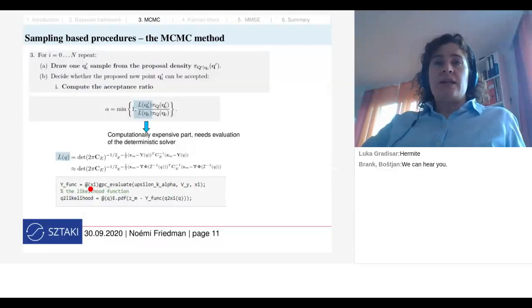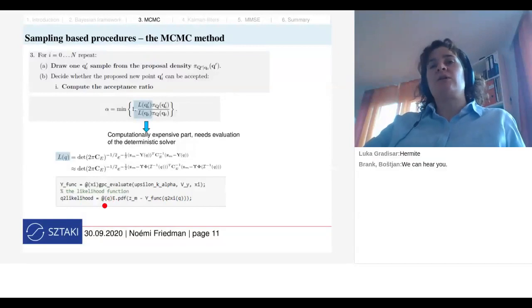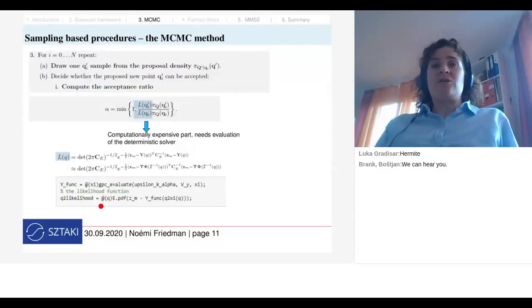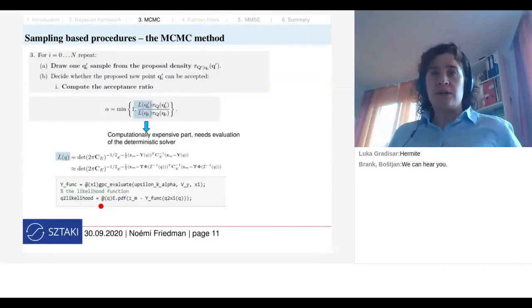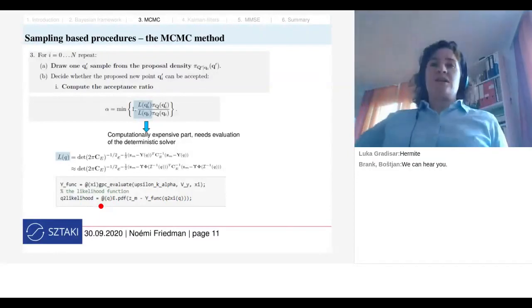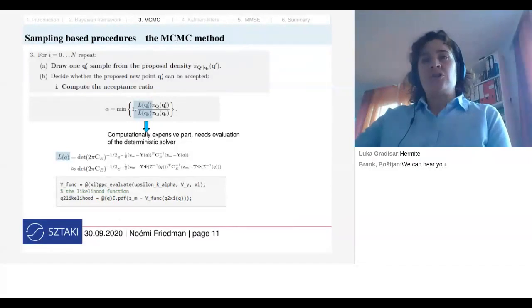And I create a function which takes just these Xi values and evaluates my Y. And then I define a likelihood function which takes the difference from my actual measurement to this Y. And now I want to use the Q random variable because I want to make the random walk in the Q space. I don't want to update the Xi, I want to update the Q. Okay, so that's why the likelihood function looks like that.